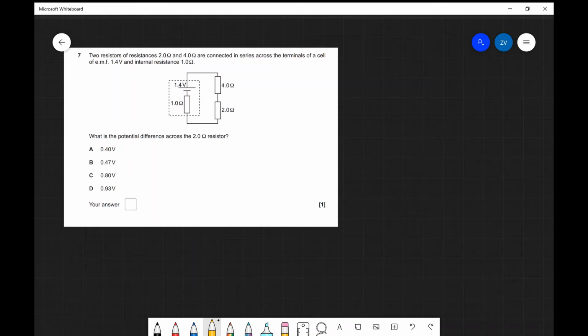Anytime we have internal resistance, it's worth writing down the formulas that we know. They're also given in the OCR formula worksheet. Our EMF take away the potential difference, or terminal PD, is equal to Ir, where lowercase r is the internal resistance.